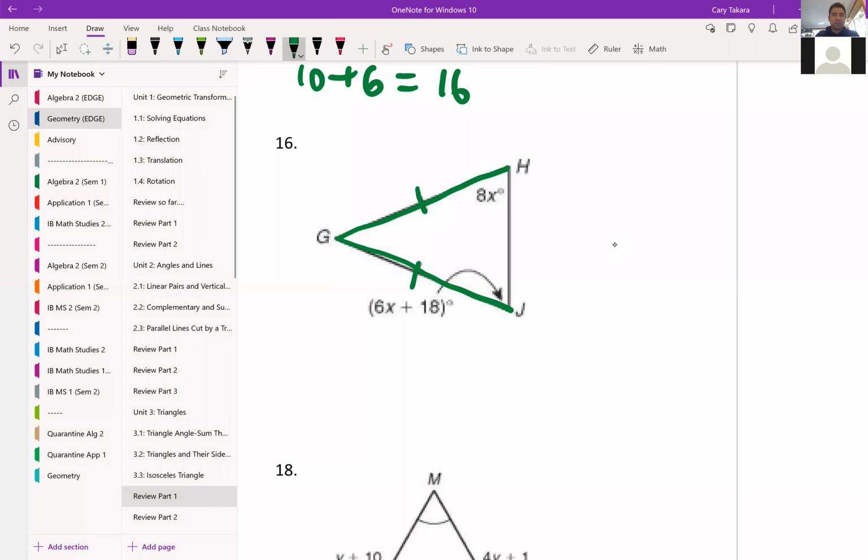So we know that this is an isosceles. And we want to solve for x. How do we do that? I'm going to give you 1 minute to think about it. Okay, so we need to set up an equation.